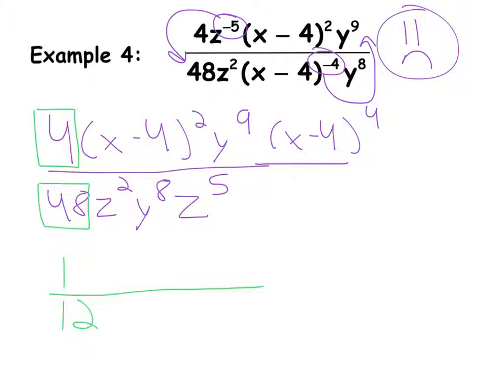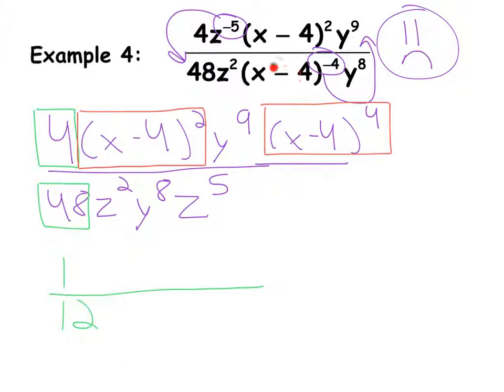Okay. So now, let's go ahead and move right along. We have x minus 4 to the 2nd power. Is there another x minus 4 somewhere? Why, yes, there is. Isn't that super convenient? X minus 4 was a sad guy.